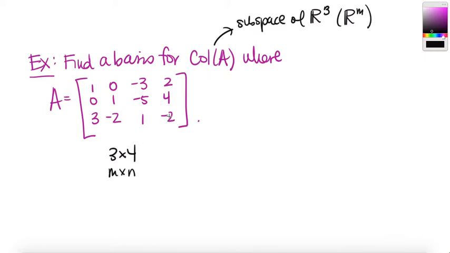If you watched the video about a basis for a null space, this matrix should look familiar because it's the same one we were talking about there. So when we row reduce, I'm not going to do that computation. It's in the previous video, but when we row reduce this, you get the following matrix.